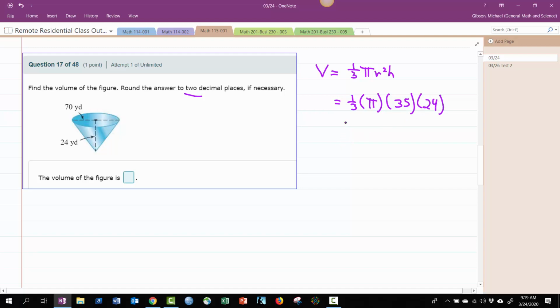Okay, so pi times 1 divided by 3 times 35 squared. Oh, 35 is squared, right? Times 24. Because that is the one thing I'm really a little bit nervous about.